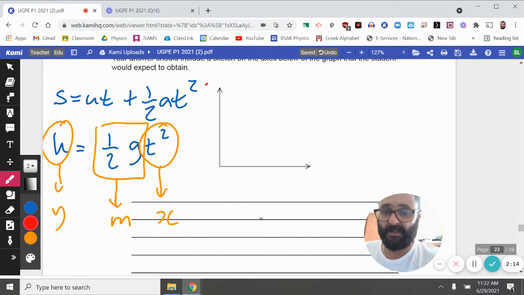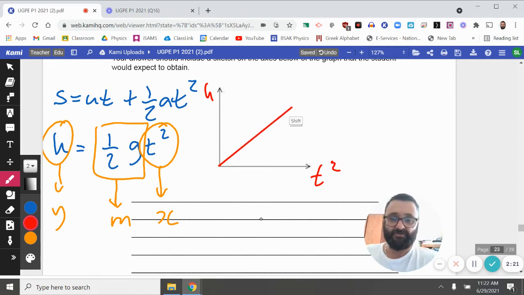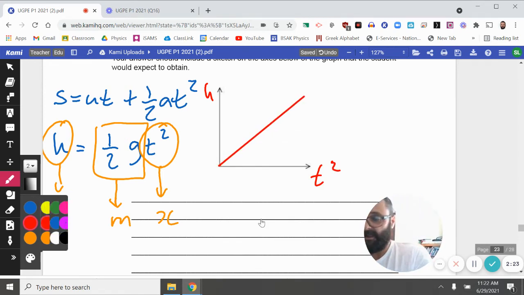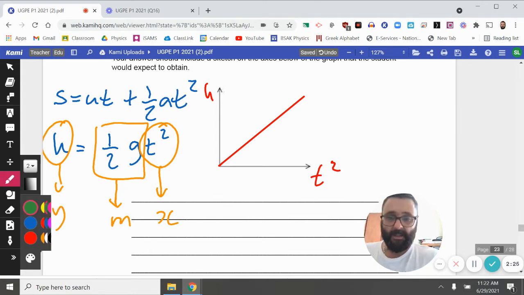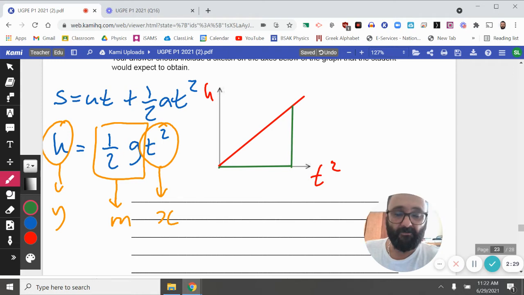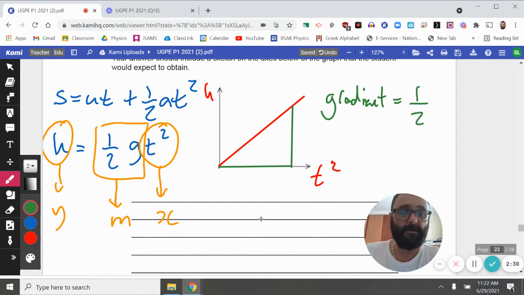So if we plot h on the y, not t, but t² on the x, it's a straight line through the origin, and we measure the gradient and that's equal to ½g. Okay, that's what you needed to explain in that question there.